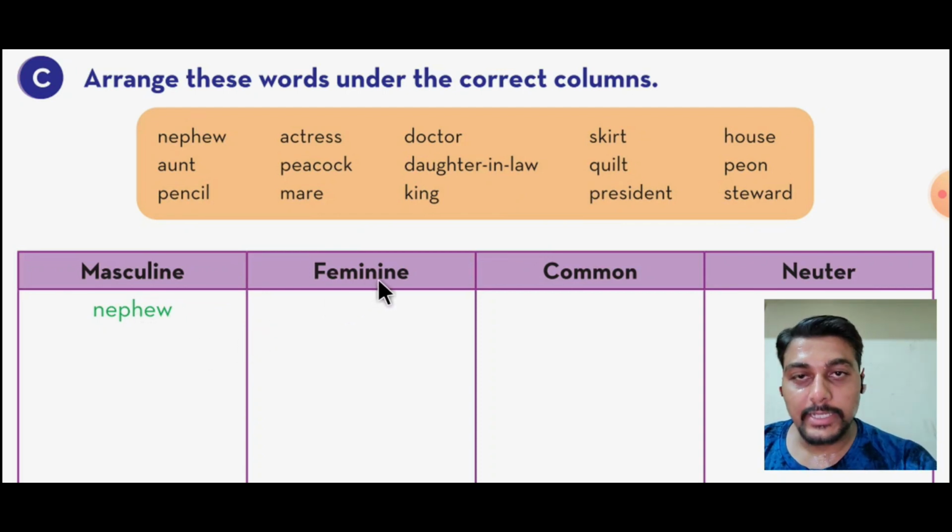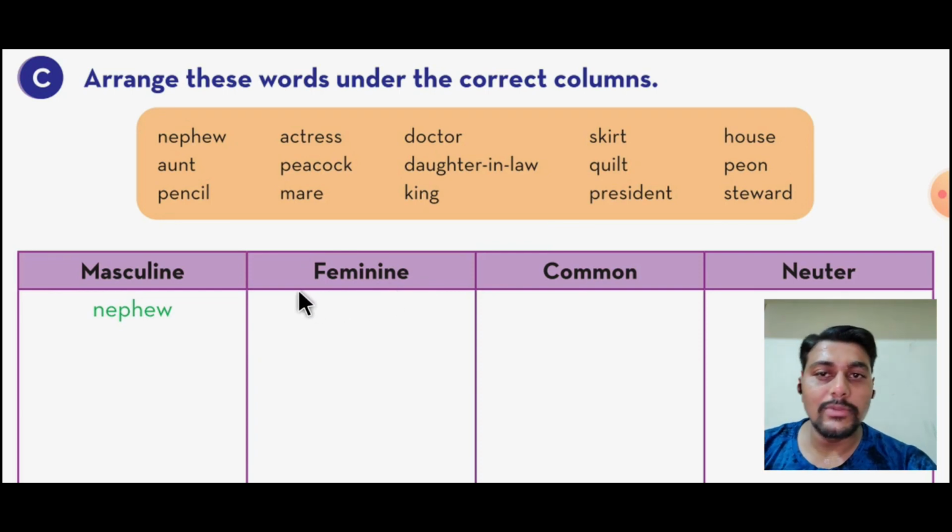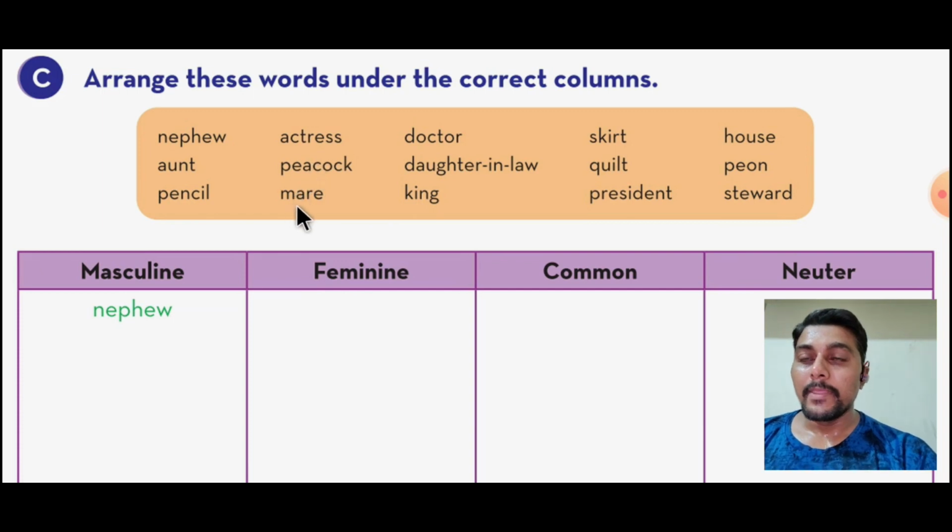In the feminine category, which nouns are there? Just give the answer in your mind. You can attempt it. Say, yes, sir, I know this answer. The first one I can see in the first column is aunt. Then there are 2 answers over here: actress and mare.